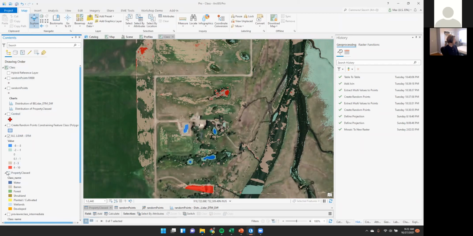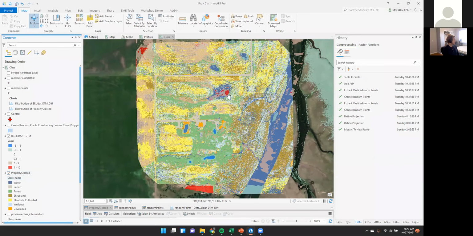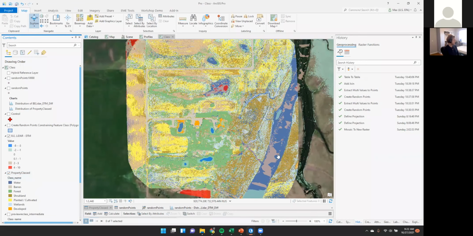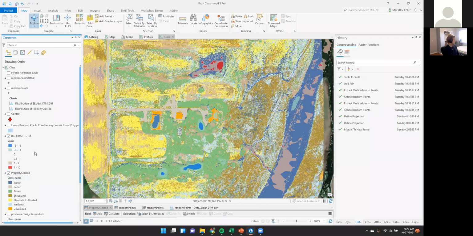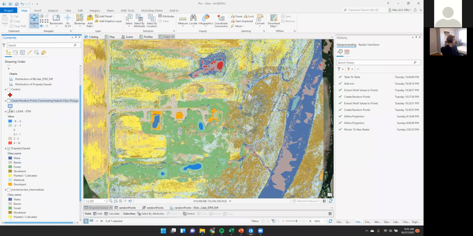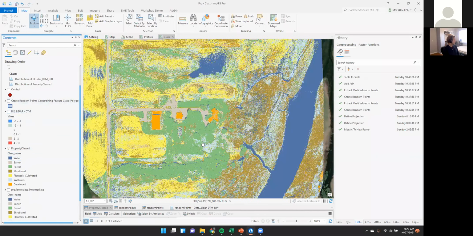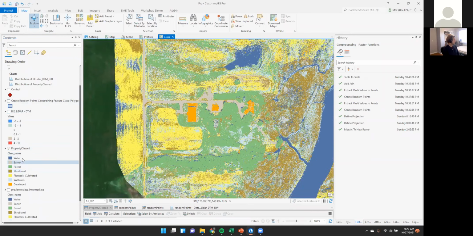And if I turn on, this is my classified raster. There we go. So basically we've got water, barren, forest, shrubland, planted or cultivated. I kind of tried to identify some of these hayfields.